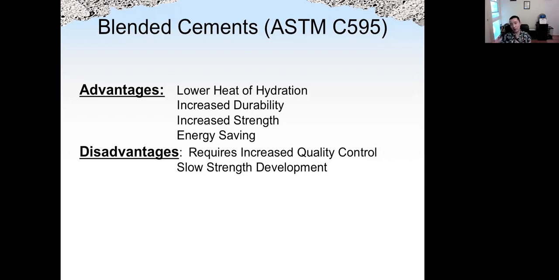So if we can replace cement with waste materials, we can save energy. But because we use waste materials to replace cement, we may need to pay attention to quality control. And also the slow strength development may be an issue for certain types of application.